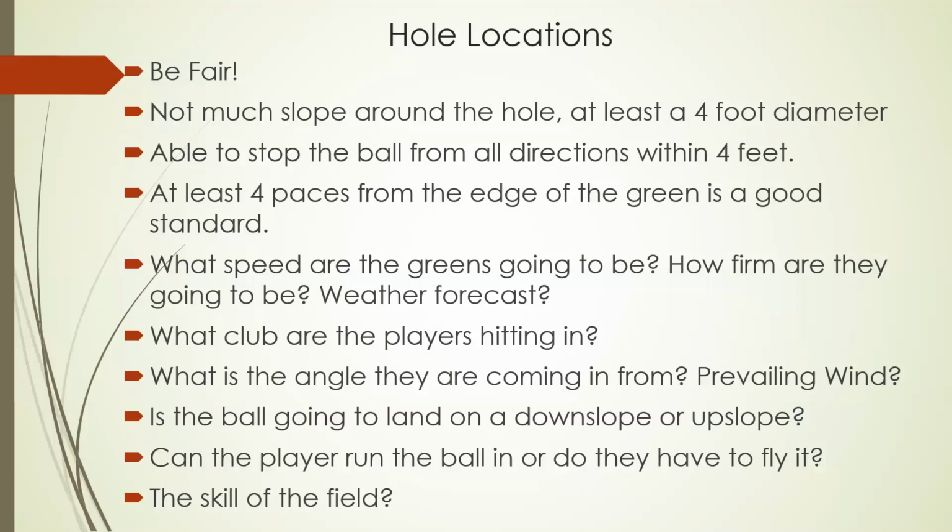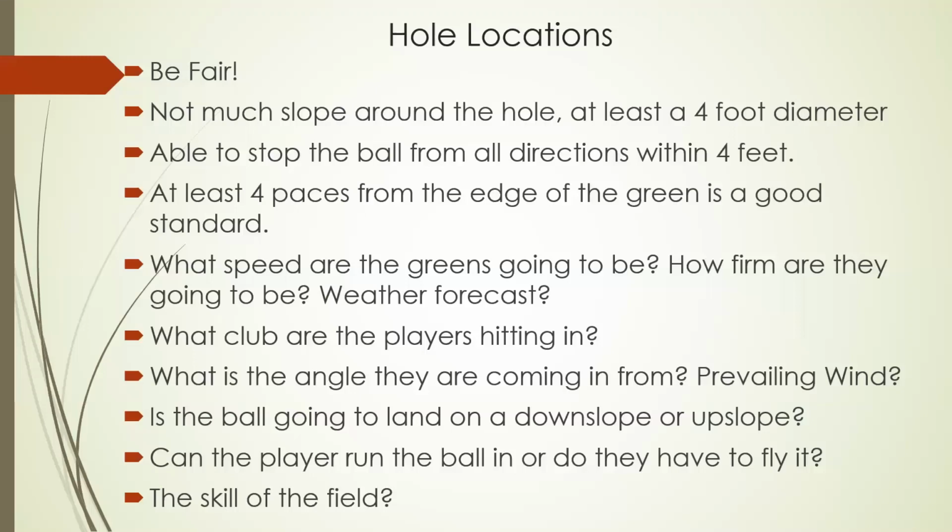Make sure you do it from all of the directions, and you should be able to get a ball to stop within 4 feet of that hole, no matter what direction you're rolling the ball from. We had a pin position out there at Colwood today that wasn't really very good. If you got above the hole and you tapped the ball, it went about 8 feet by the hole. It was probably on about a 4% slope. Actually, it was kind of tough. So we try to avoid those whenever possible.